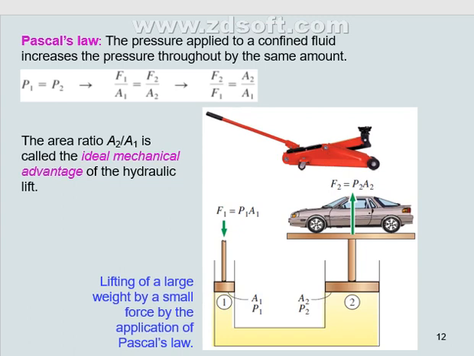Pascal's law says the pressure applied to a confined fluid is transmitted through the fluid by the same amount. So the pressure is distributed in the same amount, meaning that we're going to have different forces for different areas.